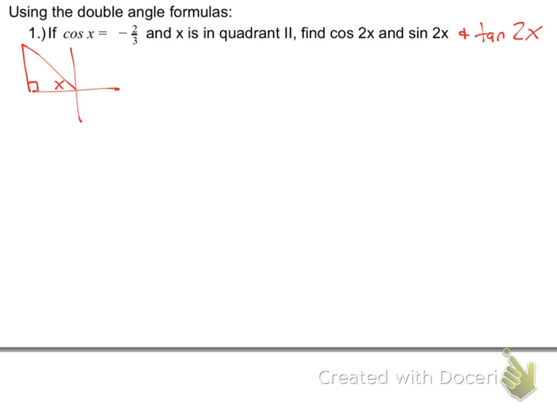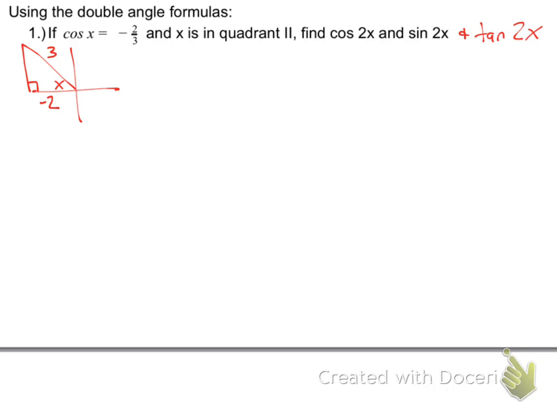That means this is x, the angle, theta sometimes, it's x. That x has a cosine ratio of negative 2/3. What is cosine again? SOH CAH TOA. So, CAH: adjacent over hypotenuse, which means it's negative 2 over 3.